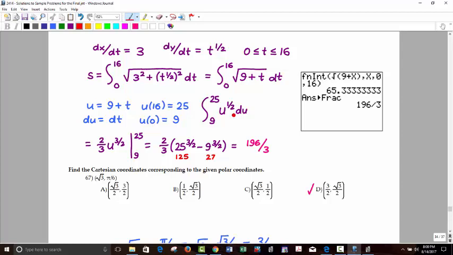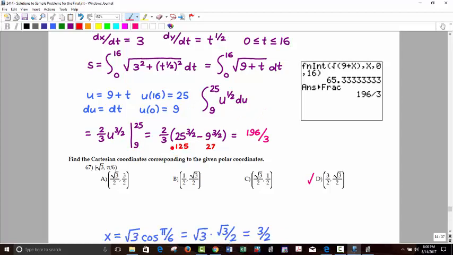So the antiderivative of u to the 1/2 du will be 2/3 u to the 3/2. Put in 25, put in 9. Sometimes with these problems, these just happen to work out to where those numbers are integer values. Sometimes you'll just have something like 37 to the 3/2. That just means it's 37 to the 3/2, or it could be written as 37 square root of 37.